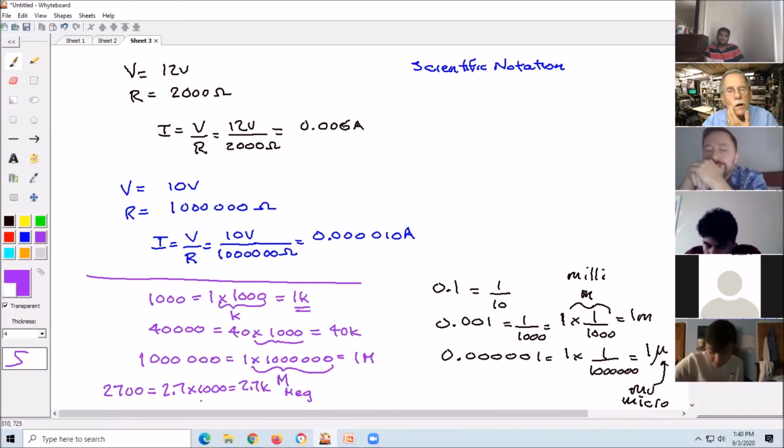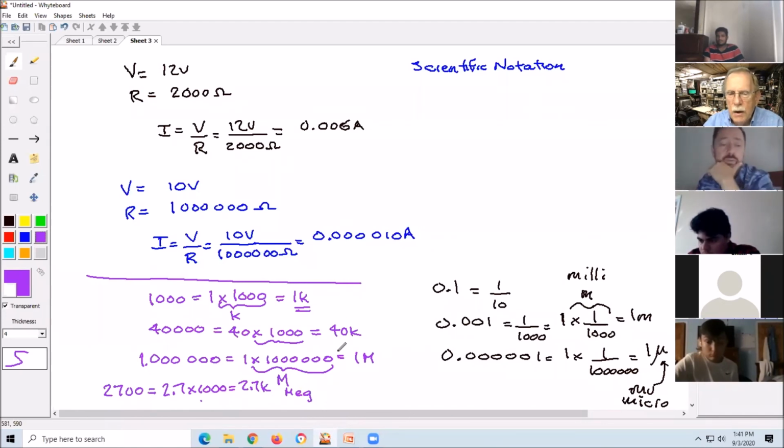So if I'm converting over, the easy way of looking at it is, if I want to go to K, I shift the decimal point 3 places to the left. If I want to go to meg, I shift the decimal point 6 places to the left. So if I looked over here, I would have 1, 2, 3, put the decimal point there. That would be K. We'll see why this is when we look at scientific notation in more depth a little bit later in the course.